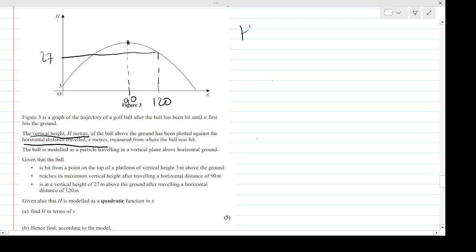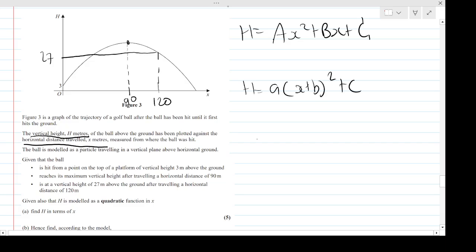So again, it could either be h is simply ax squared plus bx plus c, but it's again talking about maximum height. So that's going to hint we need to complete the square. So instead of doing this, we can write it in complete square form, a times (x plus b) all squared plus c. And essentially, the problem then is to find these missing values a, b, and c.